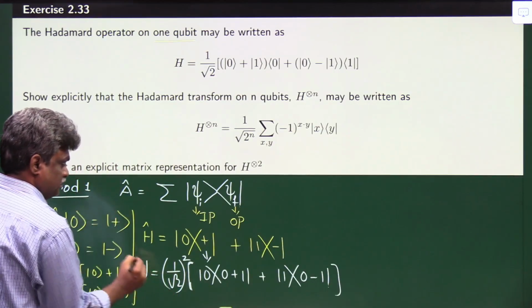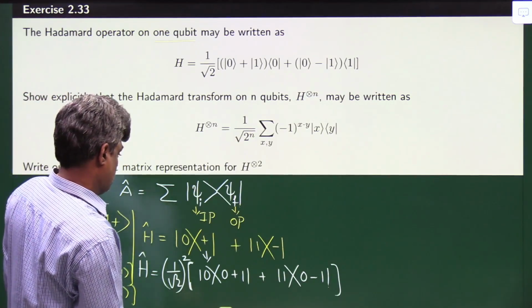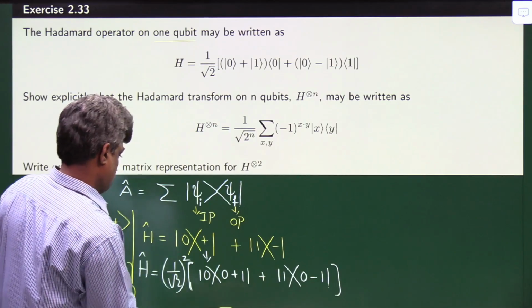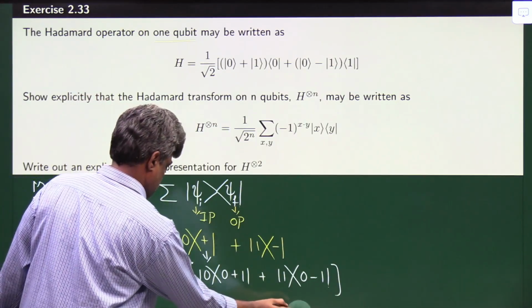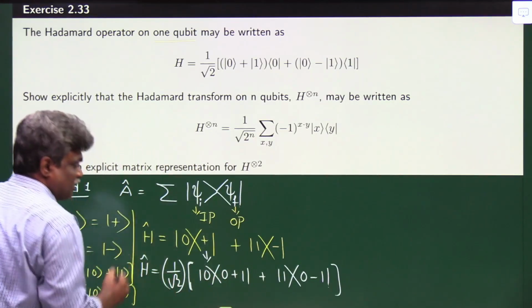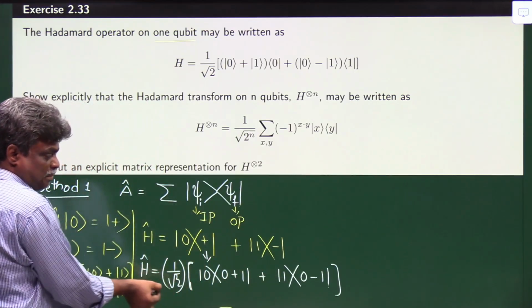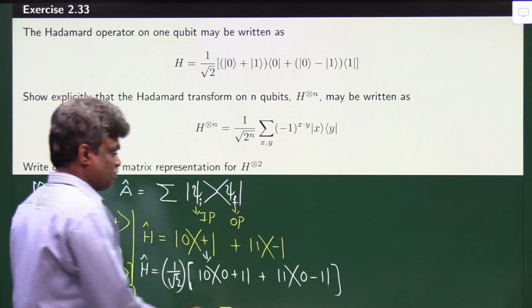Okay, fine. Here it is 1 by root 2 and here also 1 by root 2, so just take that 1 by root 2 common, no need to multiply.